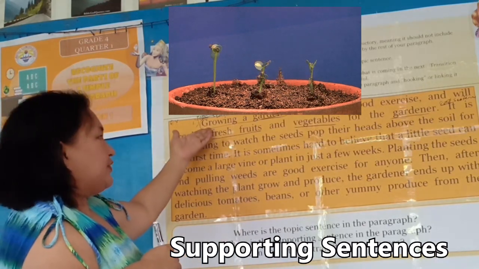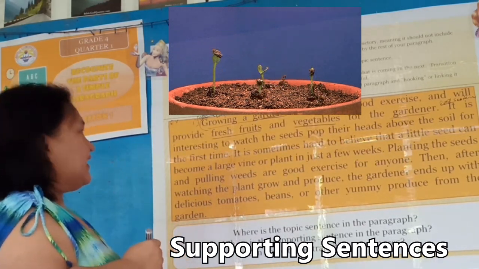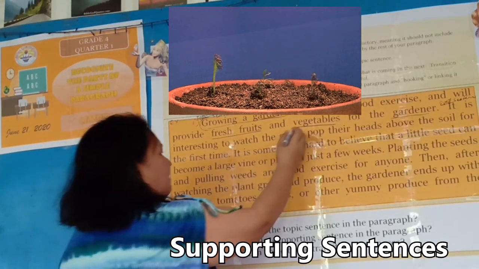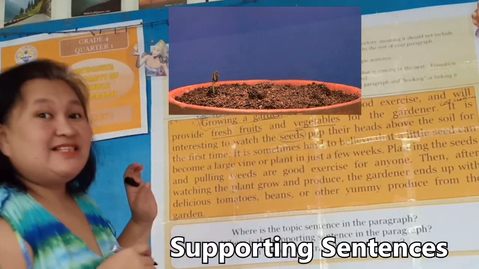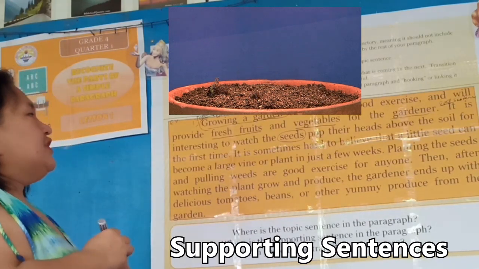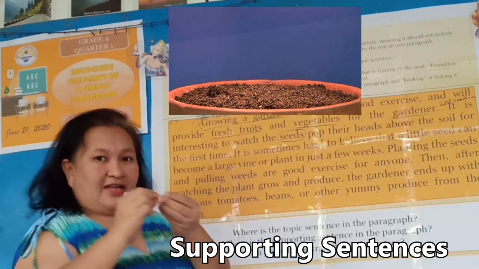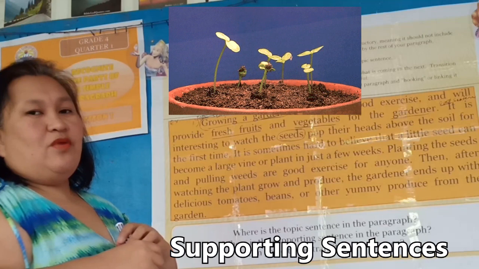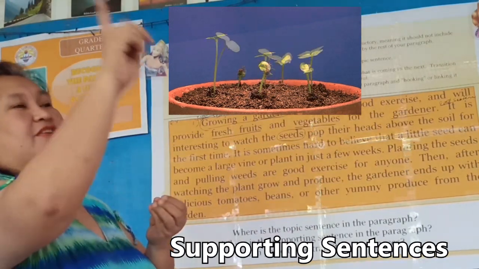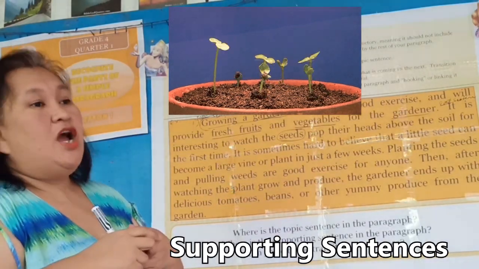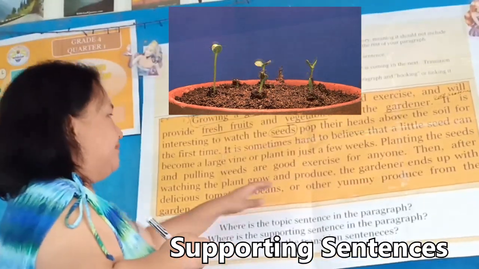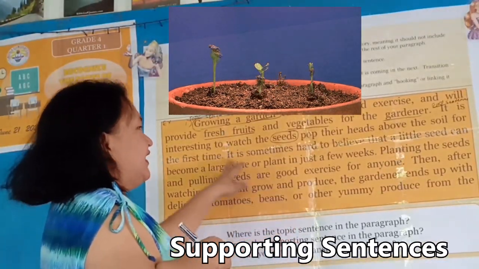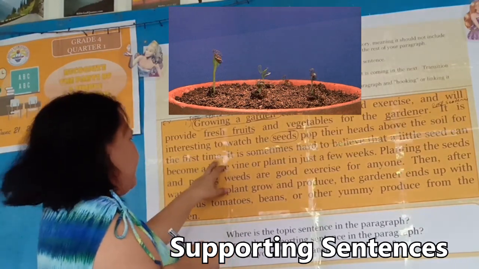This is about growing a garden, and the second sentence is about the seeds. Have you seen the seeds? Very good. The seeds pop their heads, and once they pop their heads, they start growing. That is the beginning of having a fruit or vegetable in your garden.